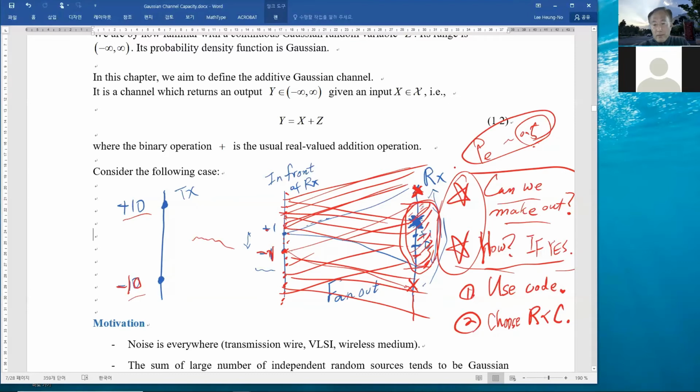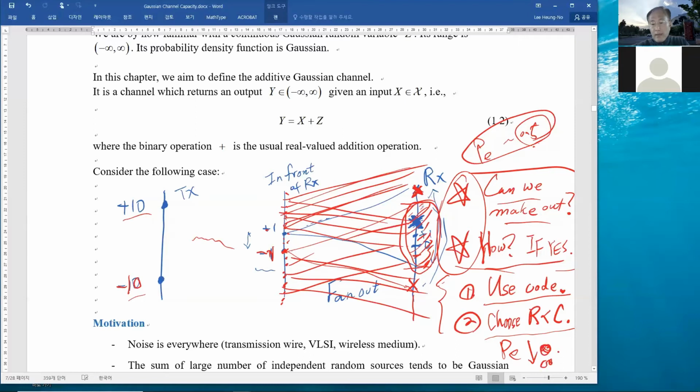But clever Shannon came up with the idea of a channel code, and he said we need to use a code in such a case. And as long as you choose your transmission rate per channel use less than the capacity C, then you can make the probability of error go down to 0, right?